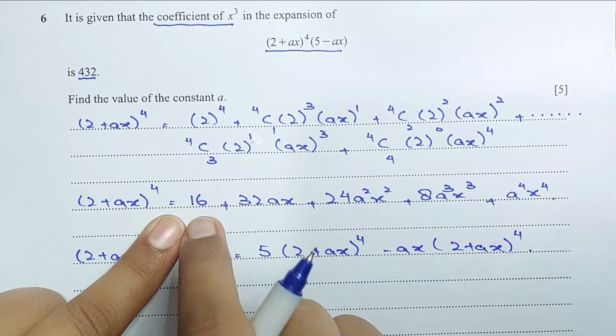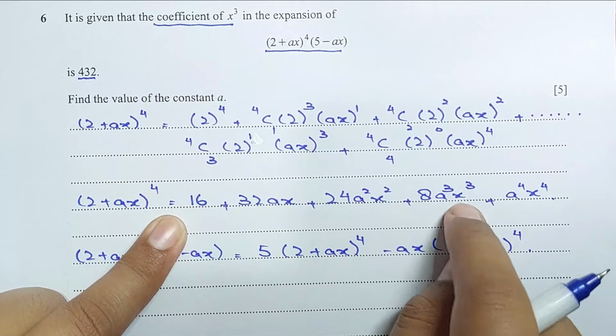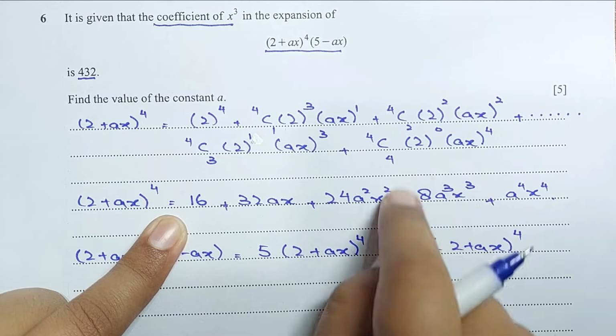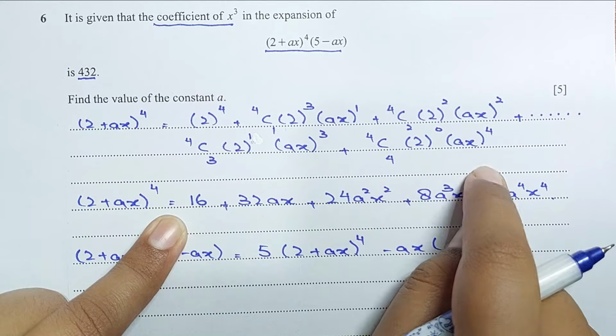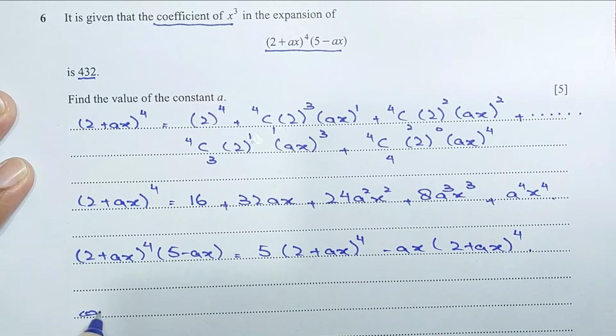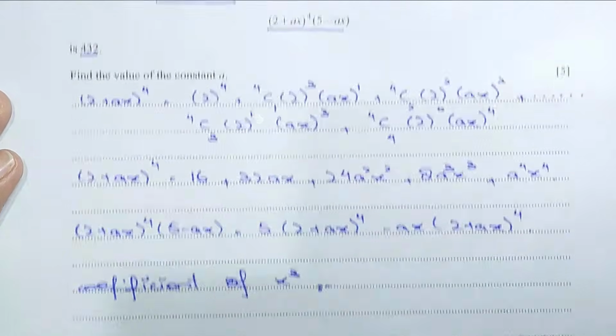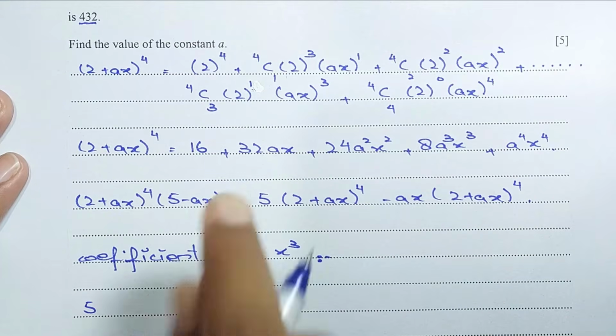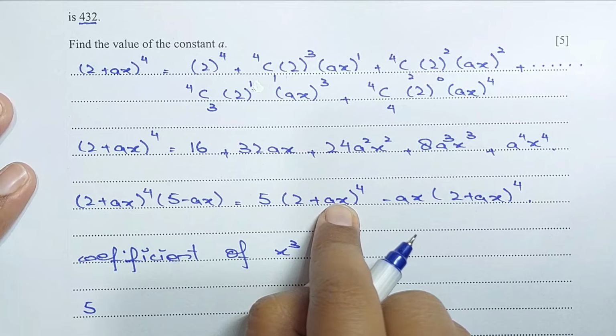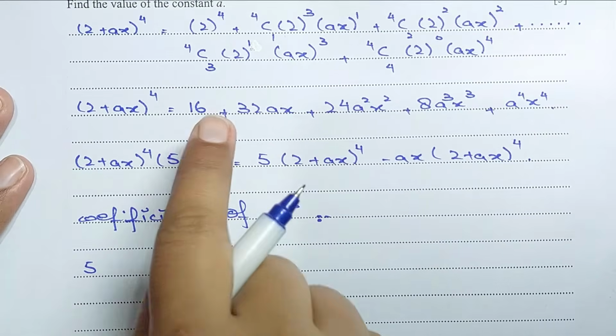When we multiply this expansion with 5, we get the coefficient of x cube. I'm explaining one more time.